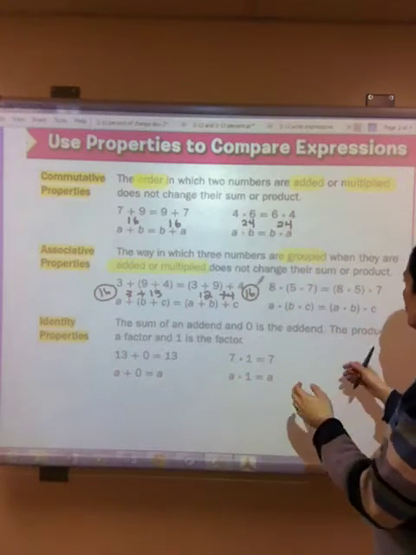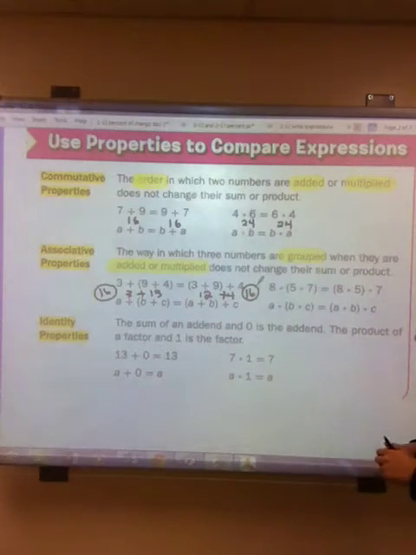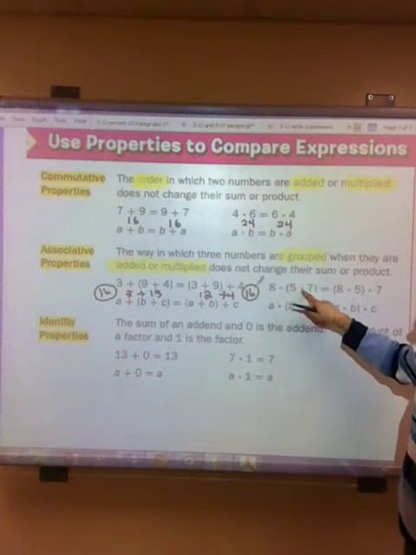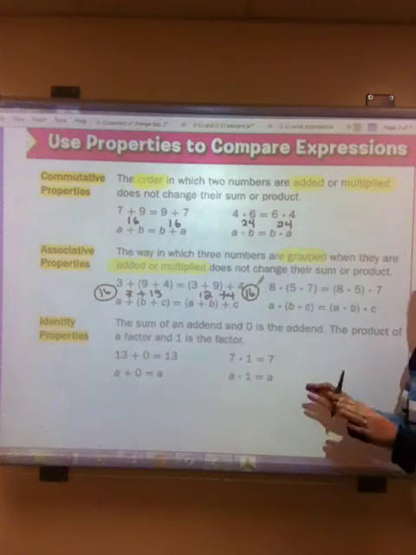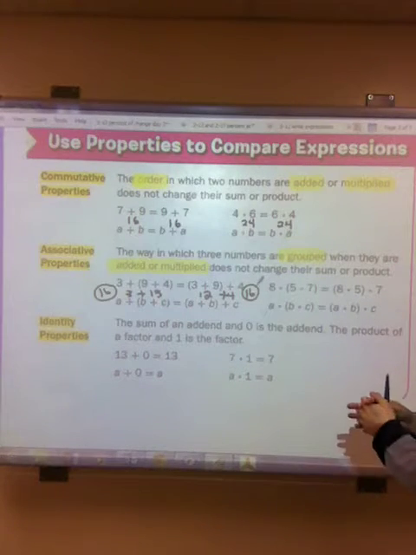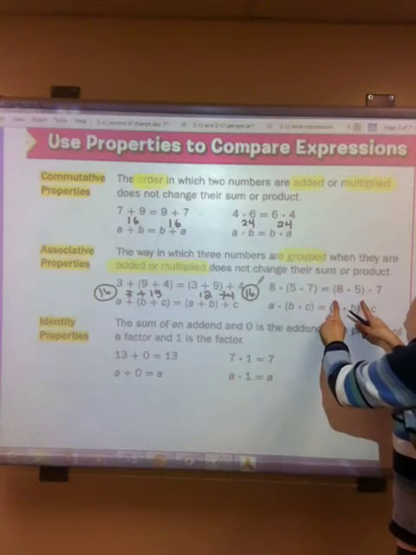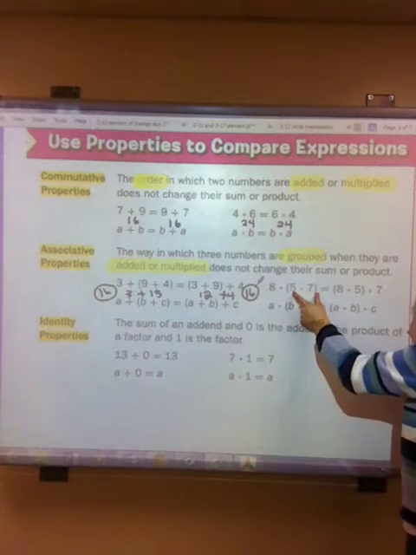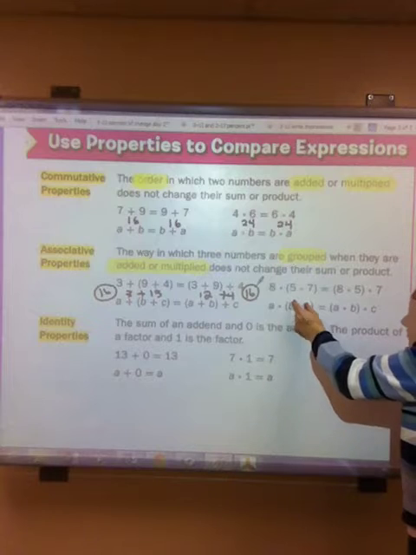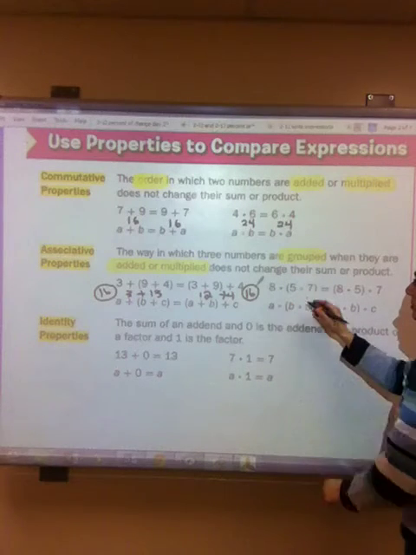This also holds true for multiplication. 8 times 5 times 7. 8 times 5 times 7. Nothing different in the numbers. The numbers are not moving. The parentheses are moving. The associative property says that I can do 5 times 7 first, get that product, which would be 35, and then multiply by 8.